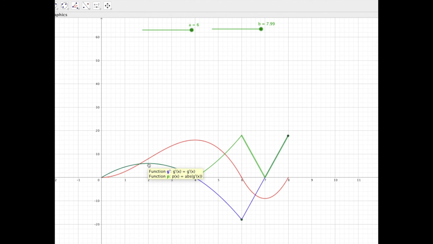But then the velocity is also decreasing. So where is the velocity increasing? Well, the velocity is increasing from 0 up to this peak, but also from 6 to 7. So the place where both the velocity is increasing and the speed is decreasing is between 6 and 7 seconds.